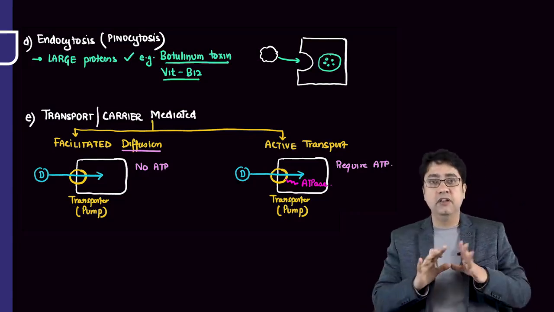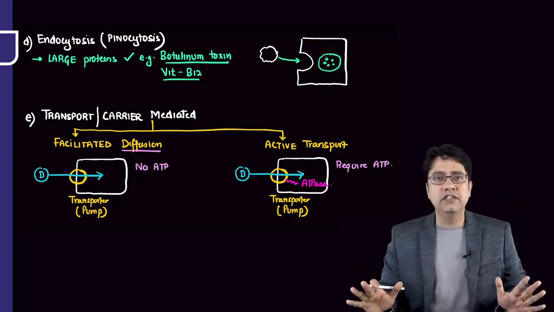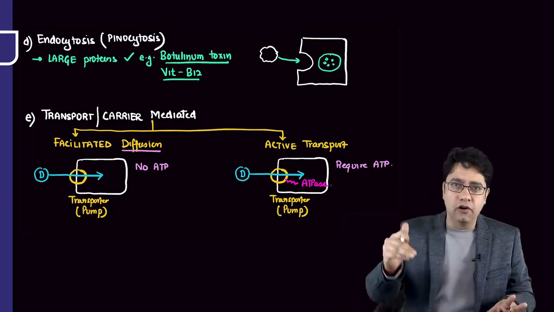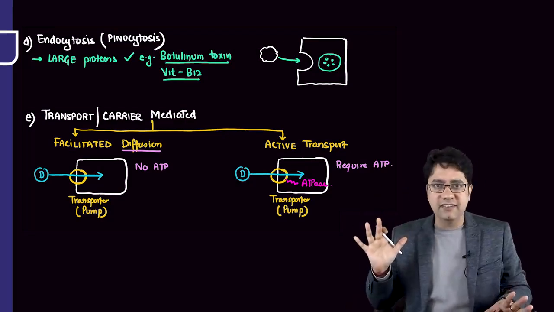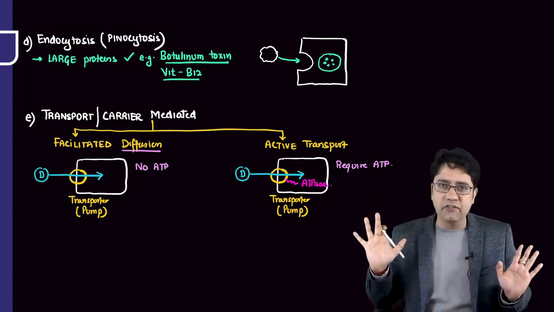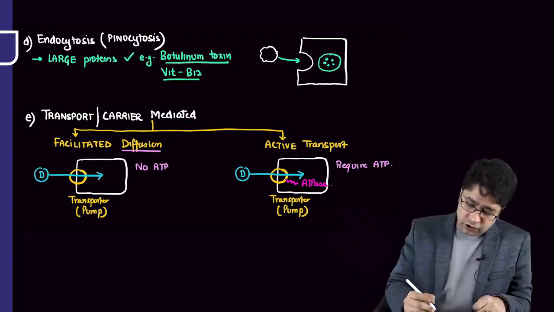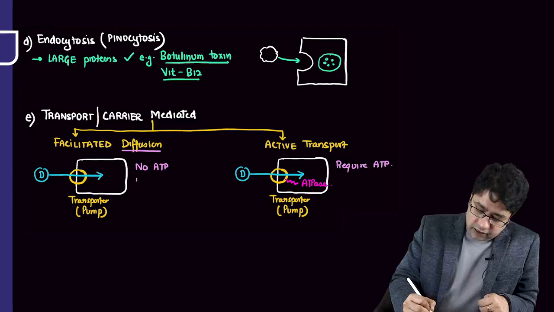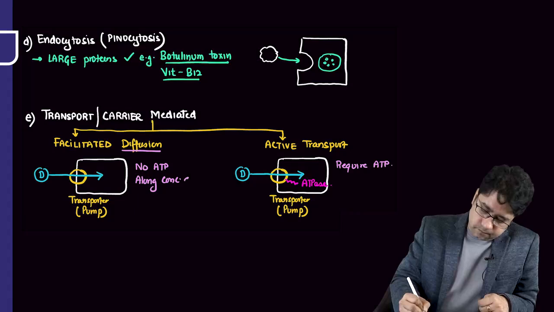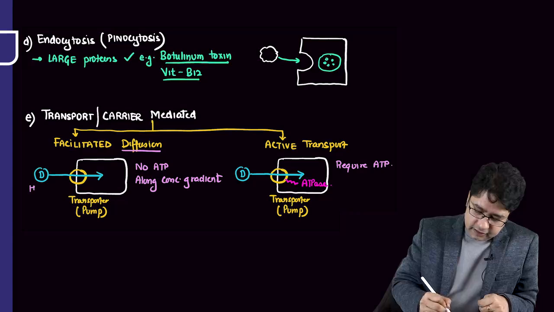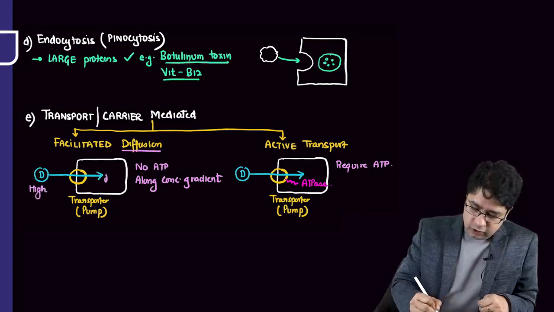Fine. Now, when no ATP is required, no energy is required, you flow along the flow of a river. Along the course of a river, you will flow passively, without any energy. So the drug will move along the concentration gradient, that means from high to low concentration.